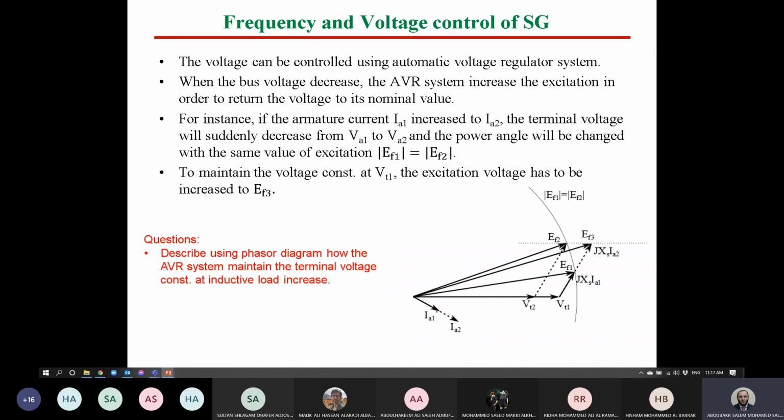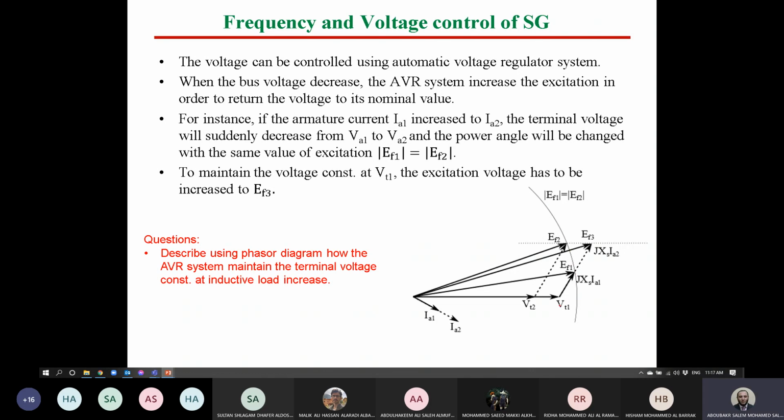If you can see here, assuming the increase in power will lead only to increasing current, meaning assuming constant power factor, for the same value of excitation, you will find that this is the locus of EF constant here.